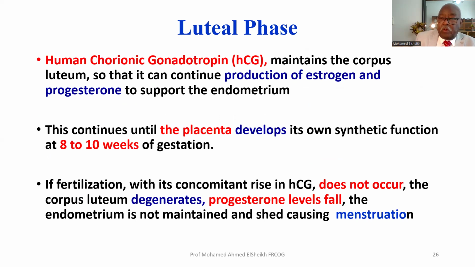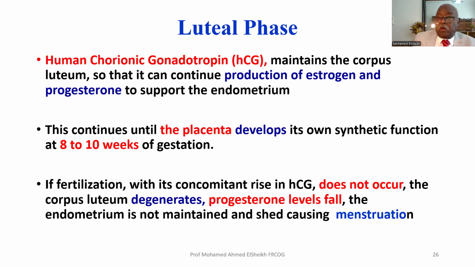So you will see fertilization, then HCG is formed and released, and acts on the corpus luteum to produce more estrogen and progesterone, and their job is to support the endometrium for the fertilized ovum and implantation. This continues until the placenta develops its own synthetic function within about 8 to 10 weeks of gestation.